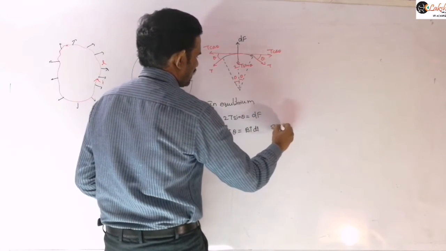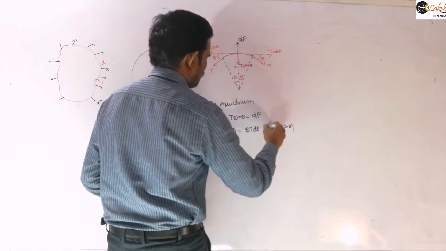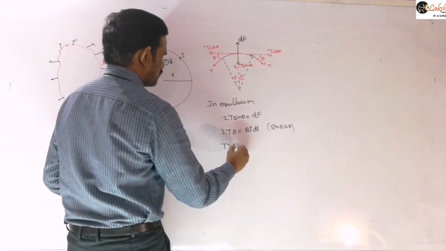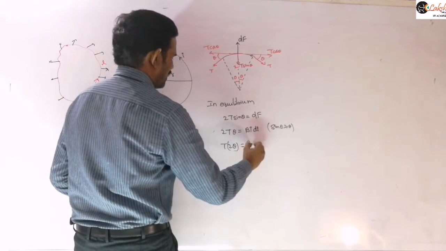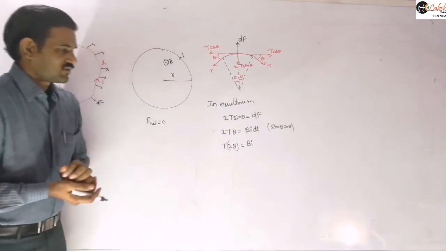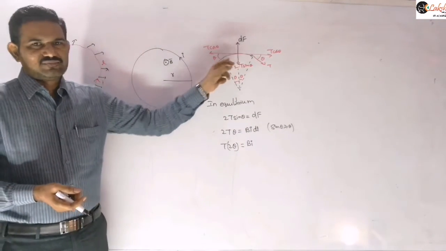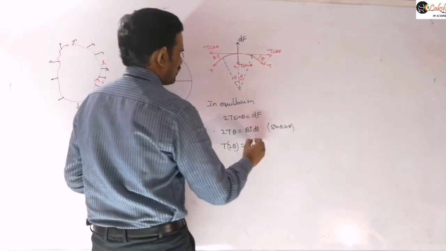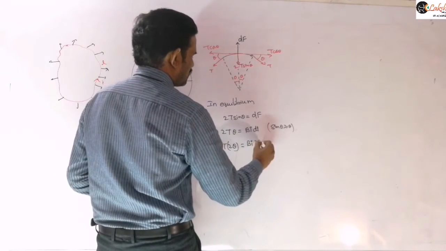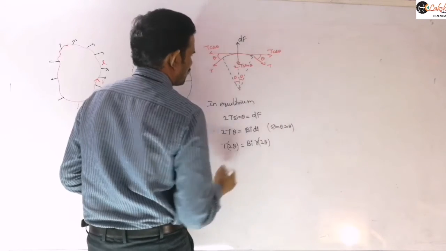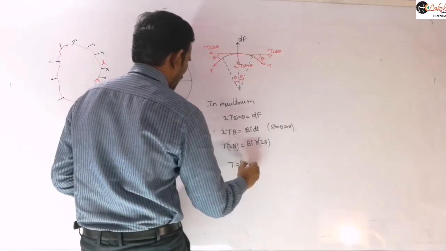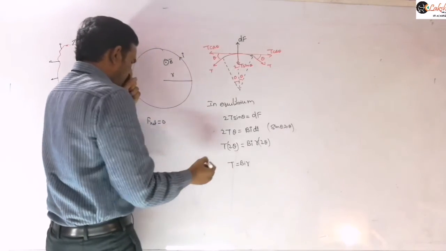So we are taking sin theta approximately equal to theta, and therefore we can write T into 2 theta is equal to B I dl. dl means the length of this arc, so the length of this arc we can write as R into 2 theta. So the 2 theta you can cancel here. This is B I R.